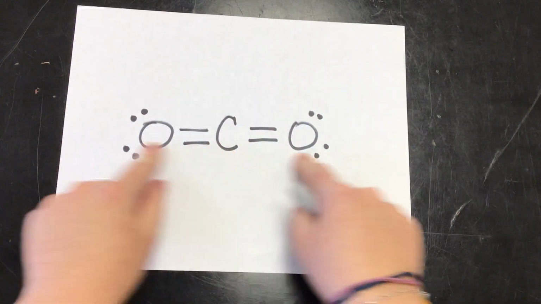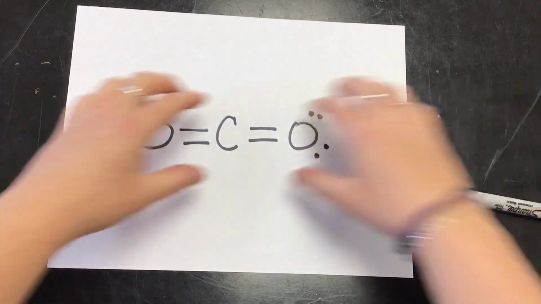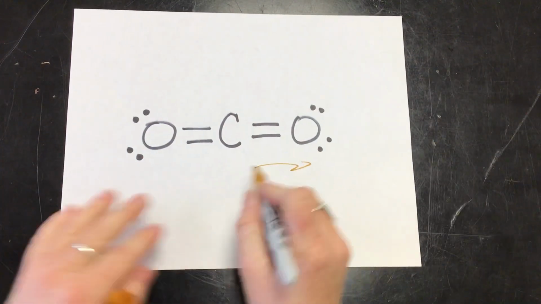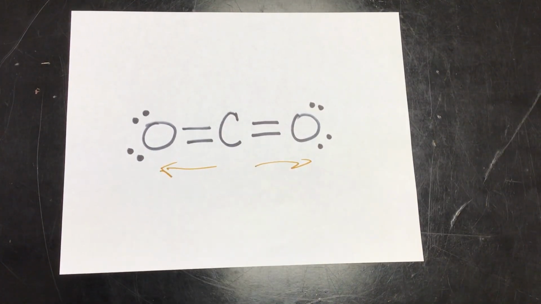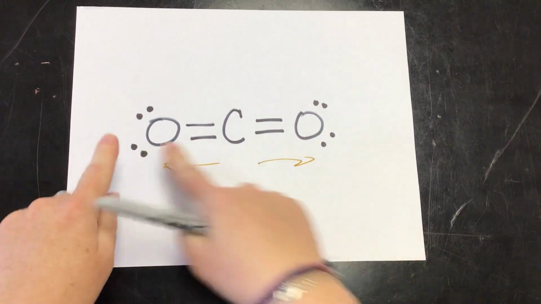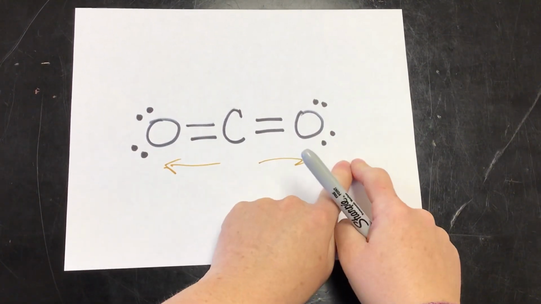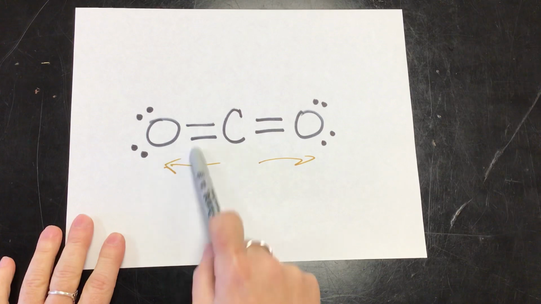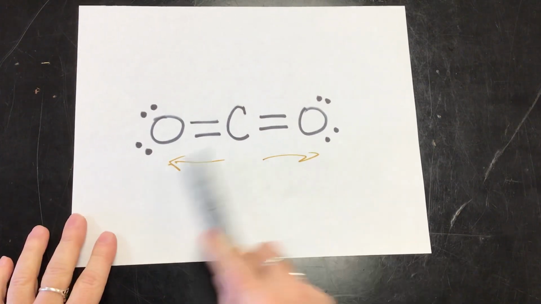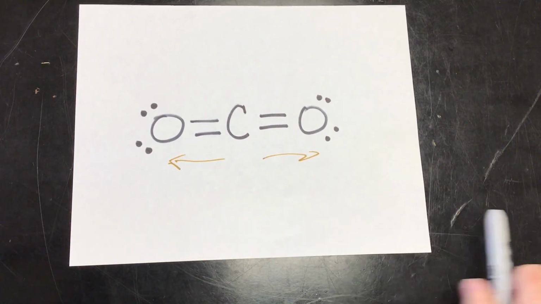But the thing is that there's oxygens on both sides. So there's a pole out to each of the oxygens. So you can't say that one of the oxygens is more electronegative than another, or one is going to become more negative than the other one with the way those electrons are flowing.